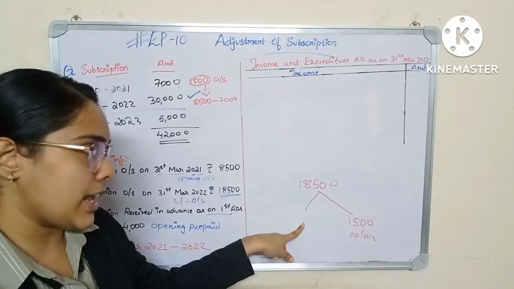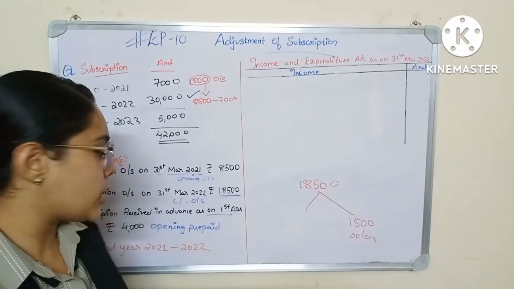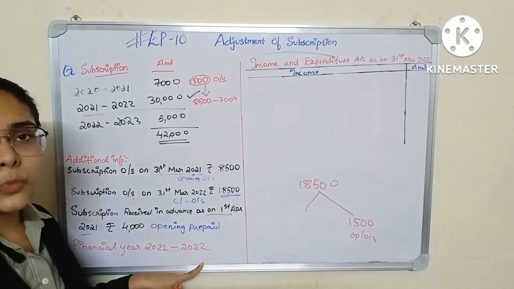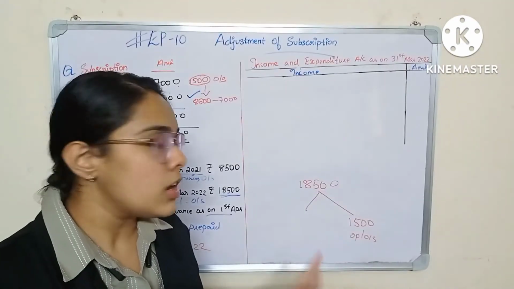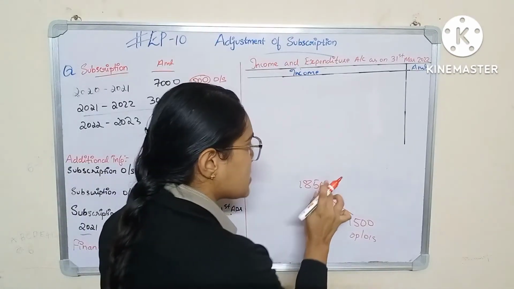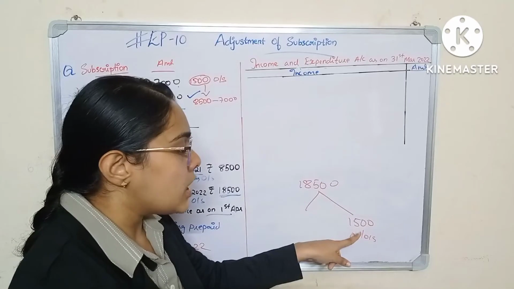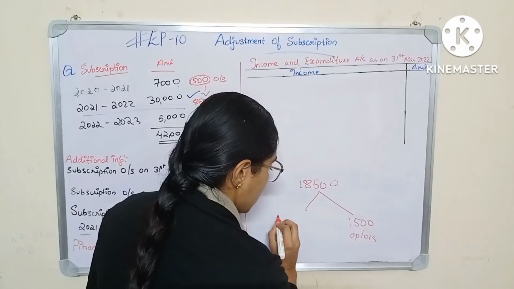I hope you understand that. How will you calculate the outstanding for the current year? Current year means 2021-2022. You can directly subtract 1,500 from 18,500. How much do you get? 17,000. This is the outstanding for the current year.